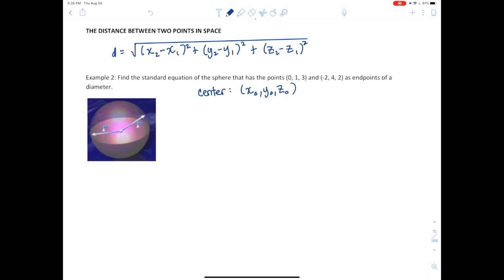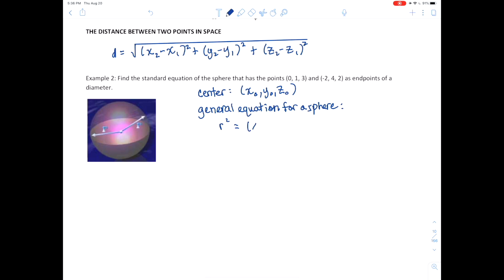And the general equation for a sphere looks like this. So it's going to be r squared is equal to x minus x0, the quantity squared, plus y minus y0, the quantity squared, plus z minus z0, the quantity squared.